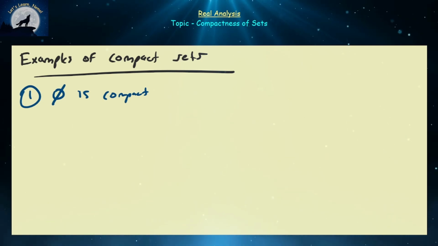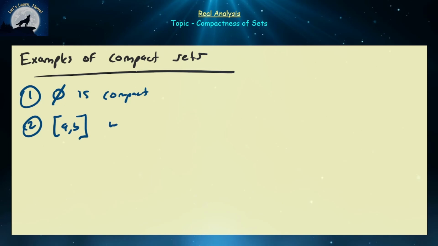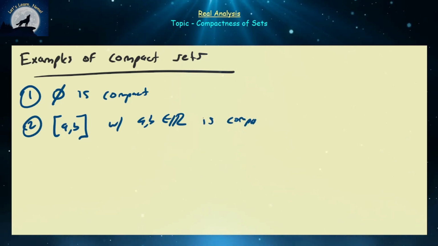So by Heine-Borel, we see that the empty set is indeed a compact set. If we consider the closed and bounded interval [a, b] with a, b in R, obviously a closed interval is closed, and that closed interval is bounded above by b plus 1 and below by a minus 1. So you can clearly see that this also is a compact set as well.